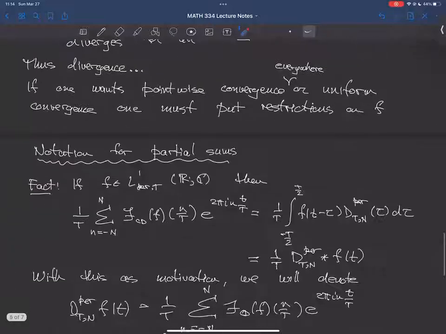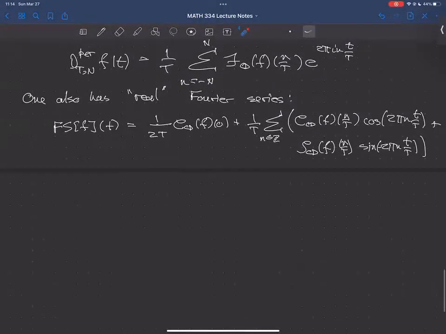Okay. When working with certain kinds of problems, don't get me wrong, the advantages of going with sines and cosines can show up, right? But for general discussions of things Fourier, use the complex harmonics. Okay. All right.